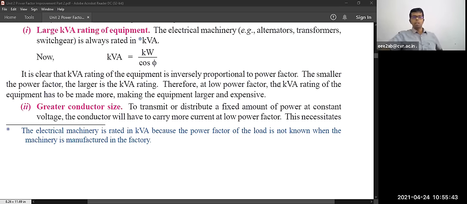In that company, I think they were paying around 20 lakhs per month as electrical tariff. They failed to maintain the power factor for some days, 10 days.